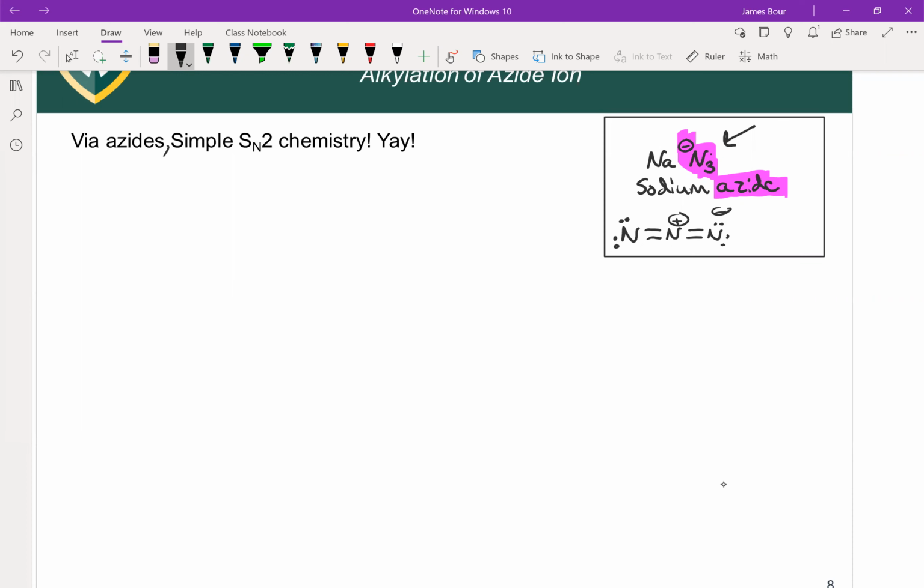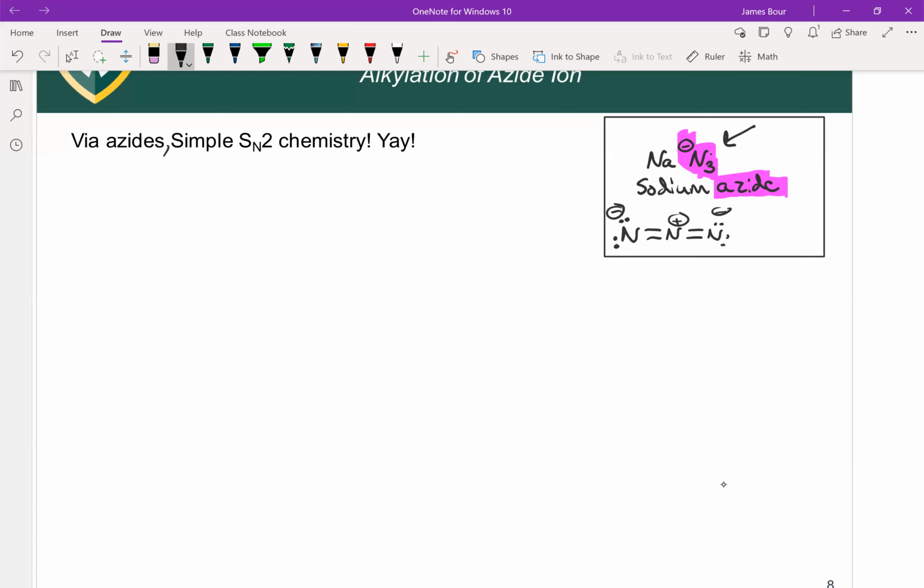And this is a failure of resonance theory to adequately describe the structure of azide, and we have an unusual situation. All octets are filled. It is overall a monoanion. You may see a plus and a minus, but the plus cancels out the minus.